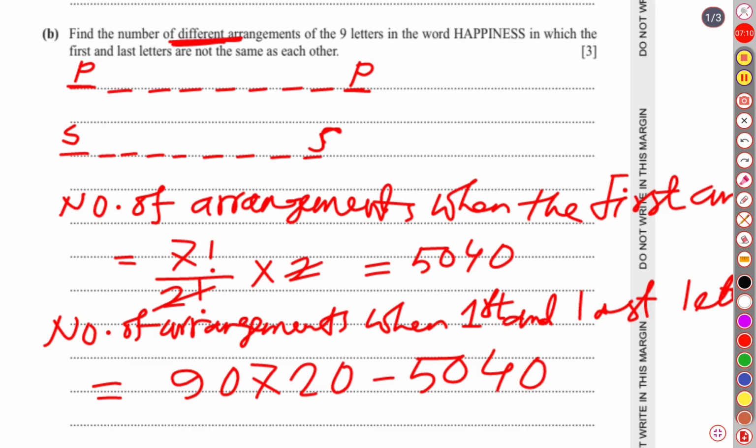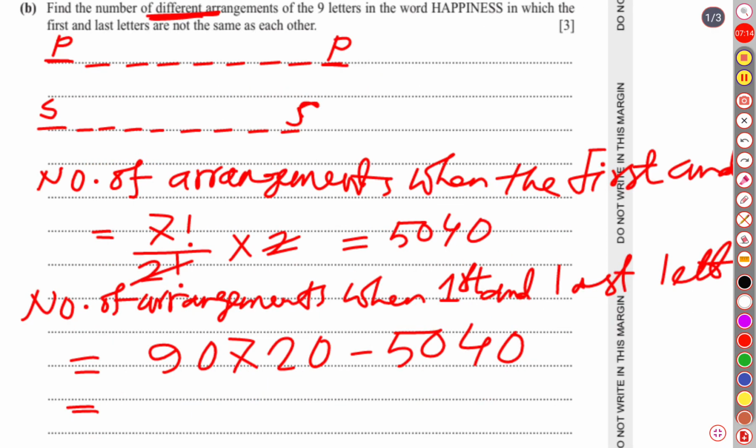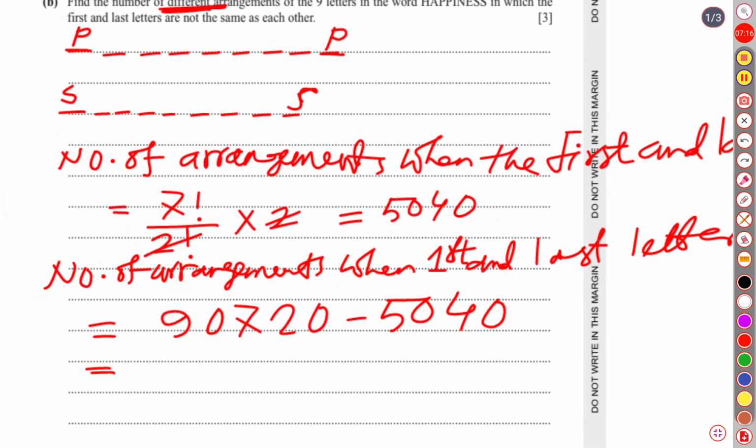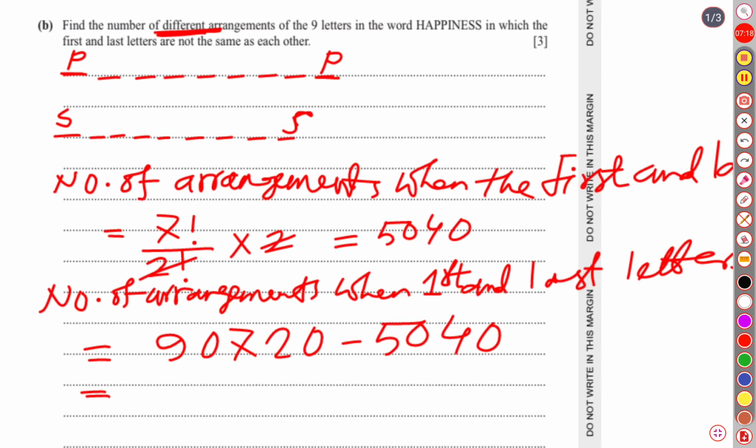If we subtract 5,040 from 90,720, it is nothing but 85,680.